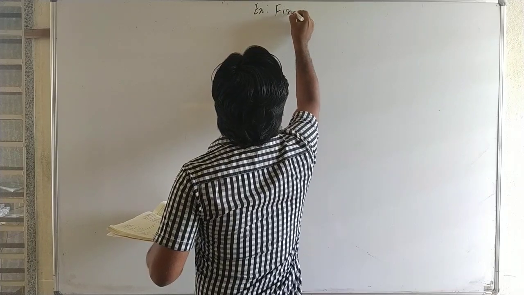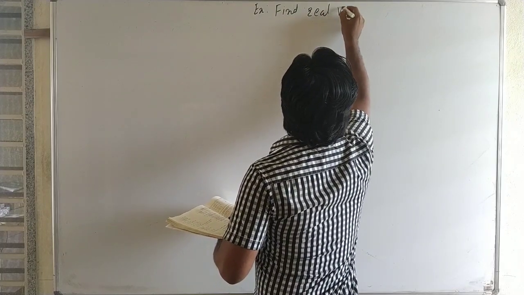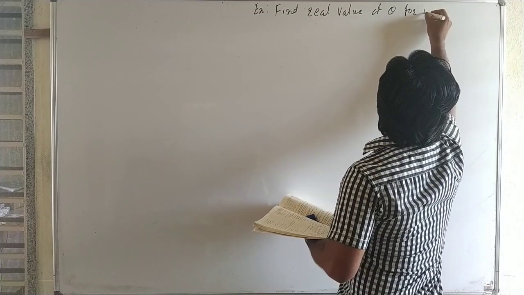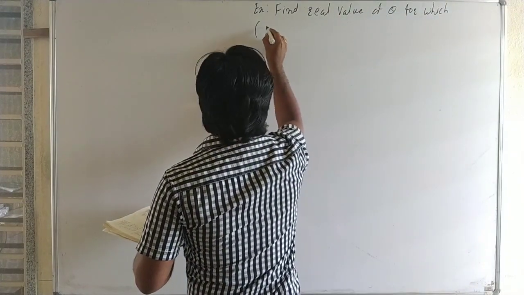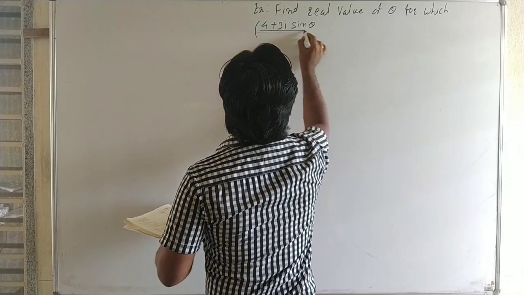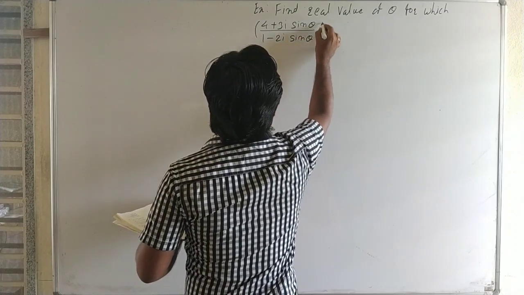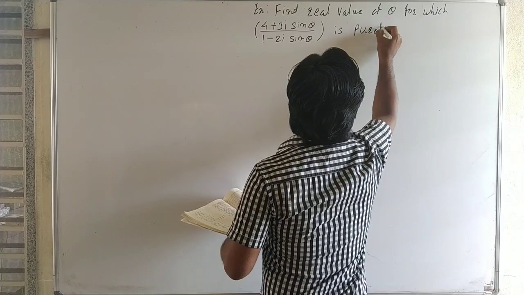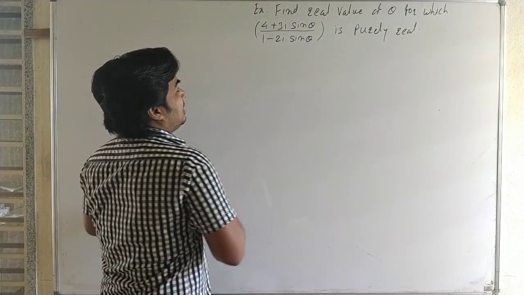Find the real value of theta for which (4 + 3i sin theta) upon (1 - 2i sin theta) is purely real. Here it is a given complex number.